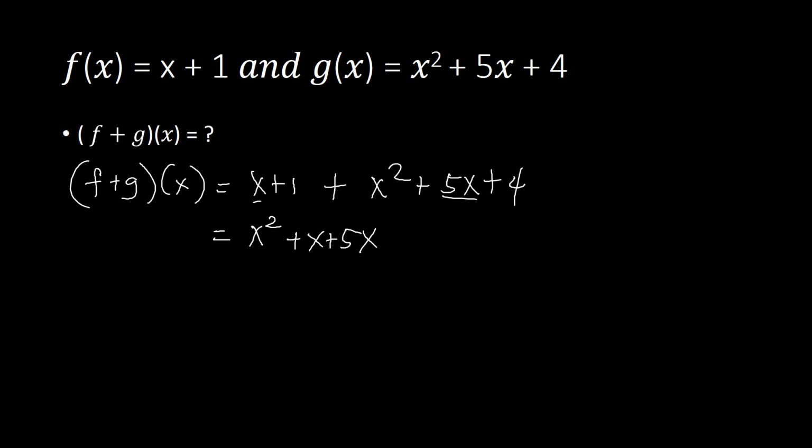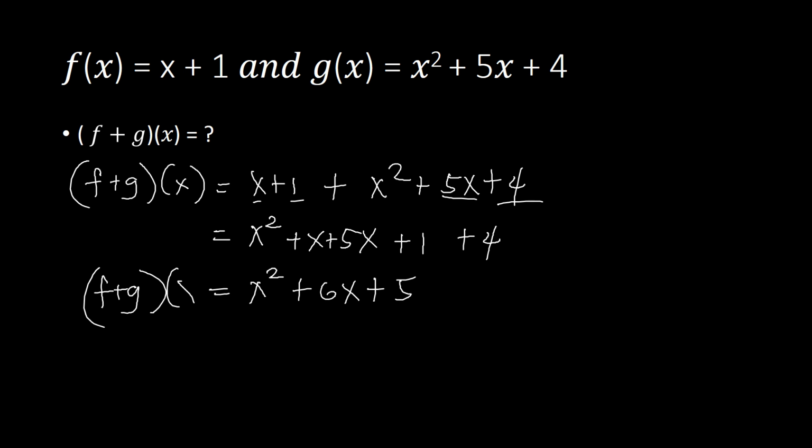And then we've got plus 1, and then we've got plus 4. So combining like terms, we've got x squared, x plus 5x, that's 6x, 1 plus 4, that's 5. So this is now the result when we're adding f and g of x.